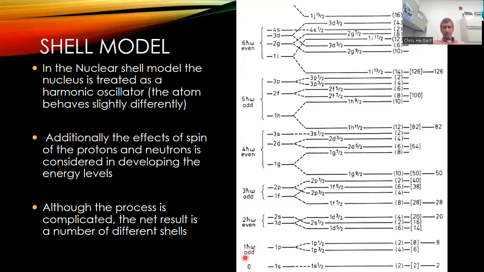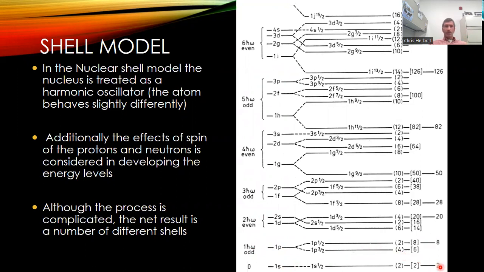And again, that's why we label these different shells the way that we do. In any case, I'm not going to go into the details of how we get all these different energy levels and why we have shifts that take place.